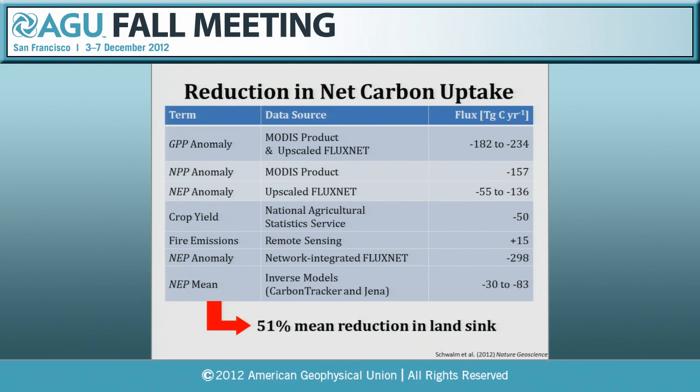And it turns out that if you contrast all of the various anomalies that I have presented with a yet completely different estimate of the background sink strength for this particular region, the sink strength was degraded by about 50%.